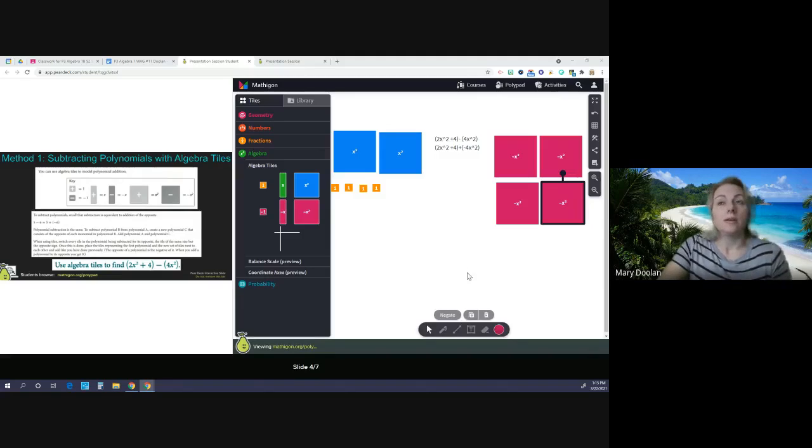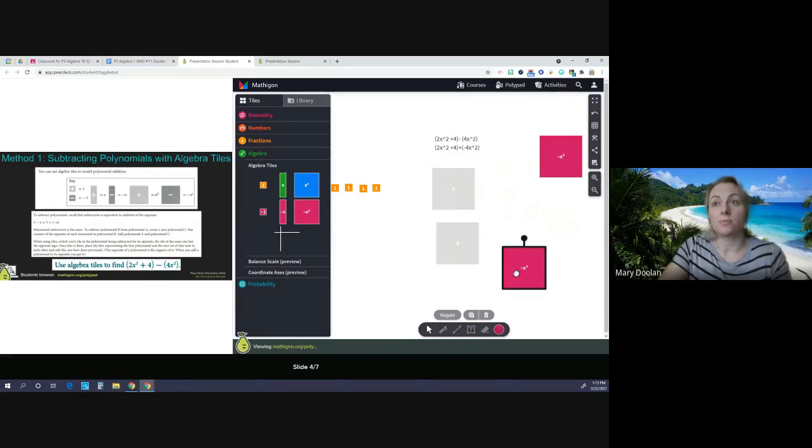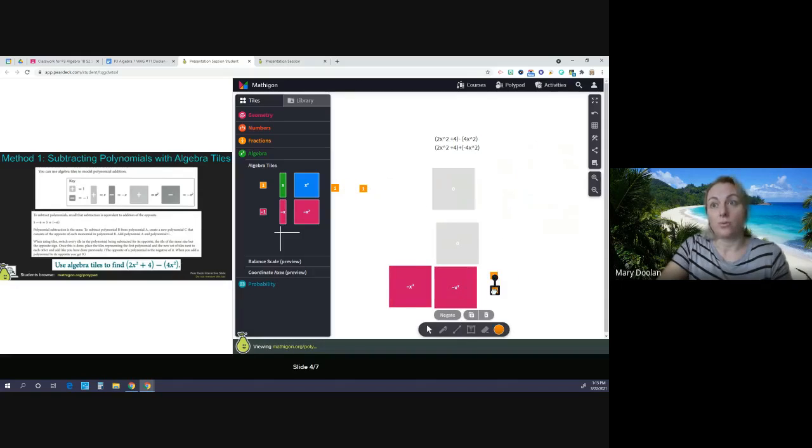Now I'm going to try to create some zero pairs to simplify this. This is addition. So this and this give me a zero pair. This and this give me a zero pair. And that's it. My final answer is I have 2 negative x squareds, and then I have 4 ones. So that's the answer to this problem: negative 2x squared plus 4.